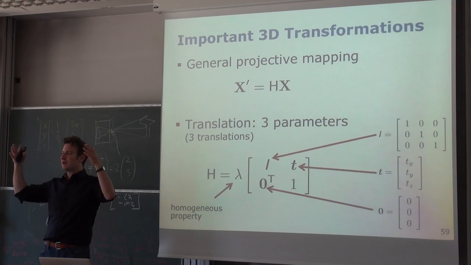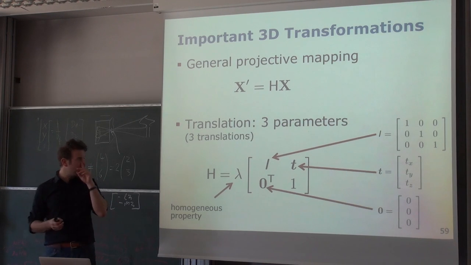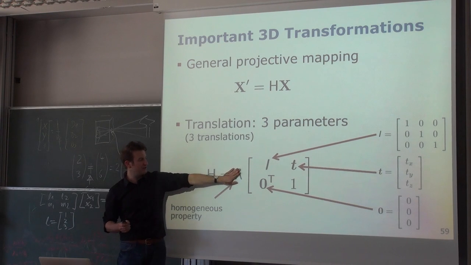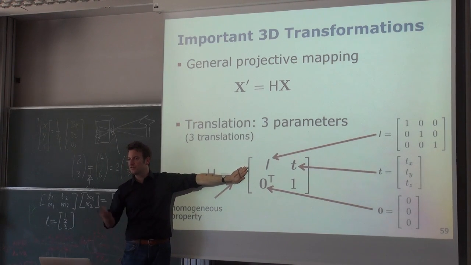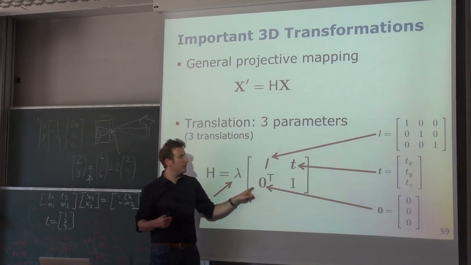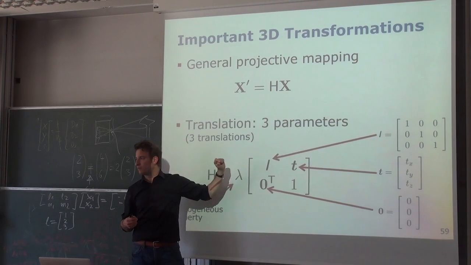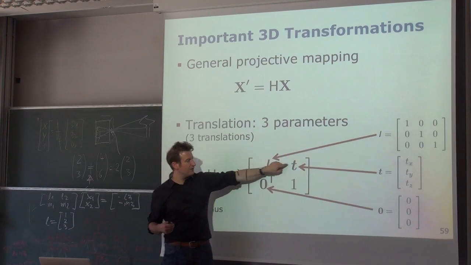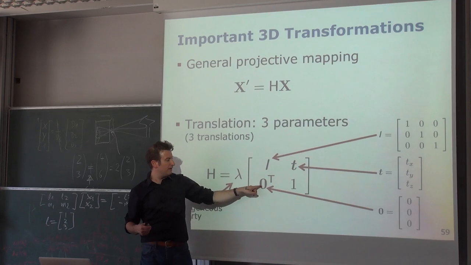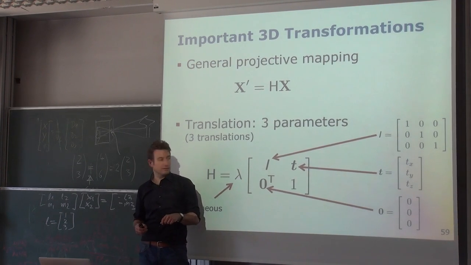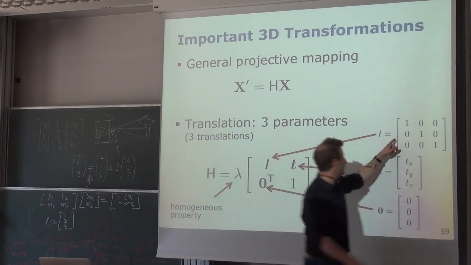If I move to this n plus 1 dimensional space, I can do this much more easily by setting up our matrix H. There is an arbitrary scaling factor, which I don't care about, because this is part of the homogeneous property. And I have a matrix, which for the 3D world is a 4 by 4 matrix, where this is a 3 by 3 identity matrix, this is a 3 vector, this is a 3 vector transposed, and a 1 over here. So exactly as it is written over here.